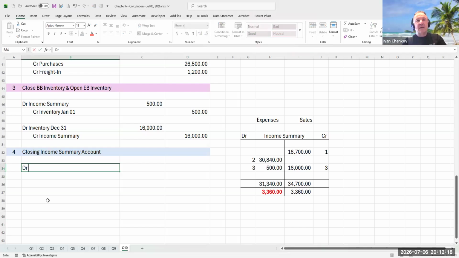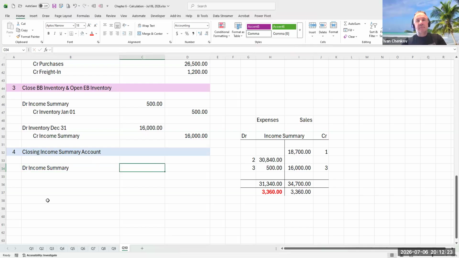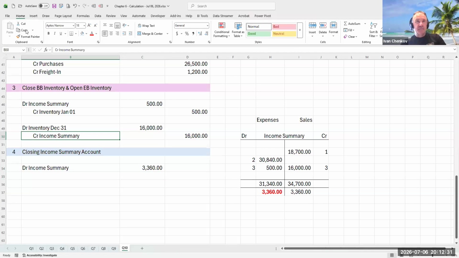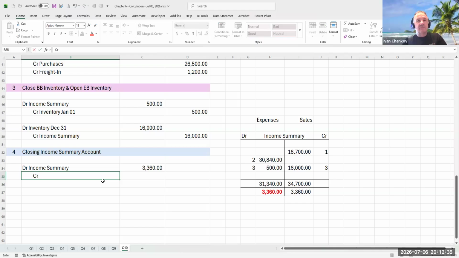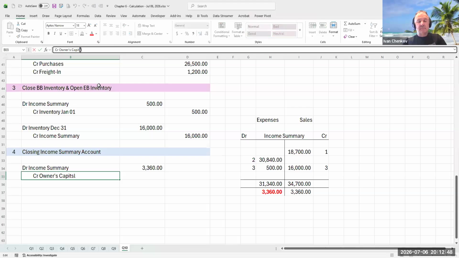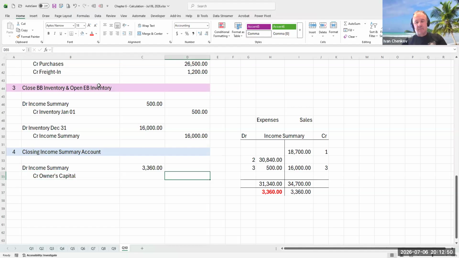Debit income summary with the amount that we already established, $3,360. Which account am I going to credit now? Owner's equity. Capital. Let's give it to capital, owner's capital, 3,360. Excellent.